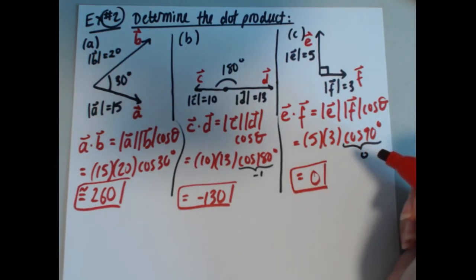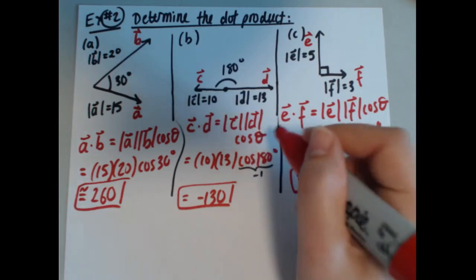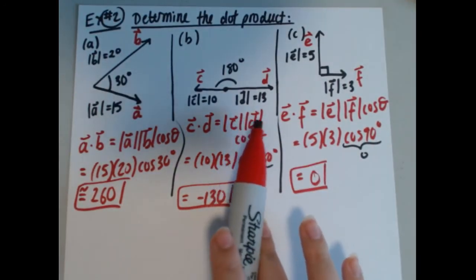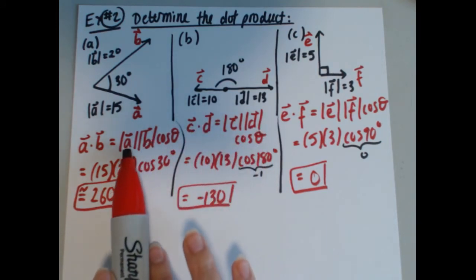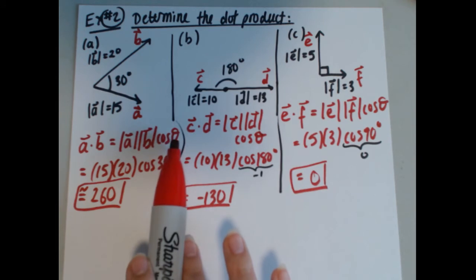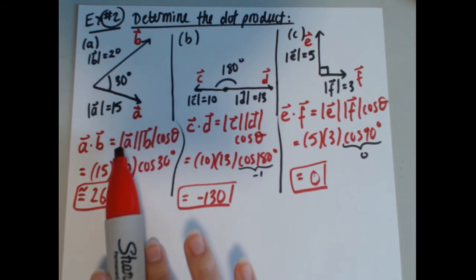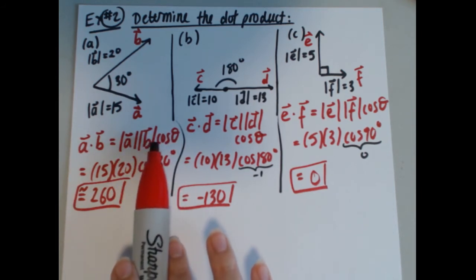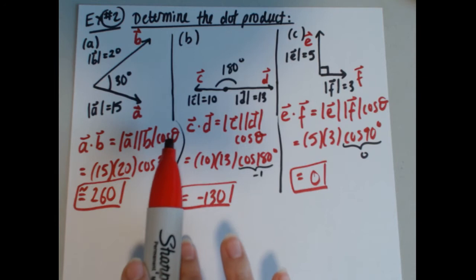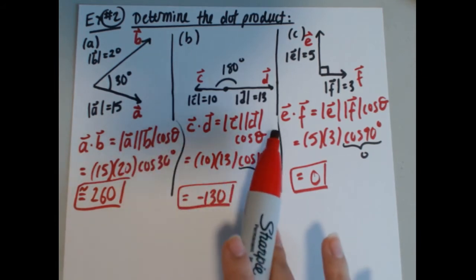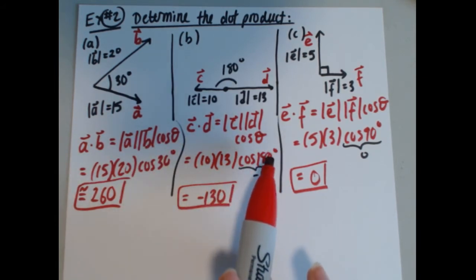And so what we start to notice is that there's this huge reliance on the cosine of the angle. Sure, you get the product of the magnitudes, but it looks like the dot product varies. It can be at most AB times the maximum value of cos theta, which is 1. So at max, it can be A times B. At its lowest or most negative value, it's going to be A times B times -1, because -1 is 180 degrees.